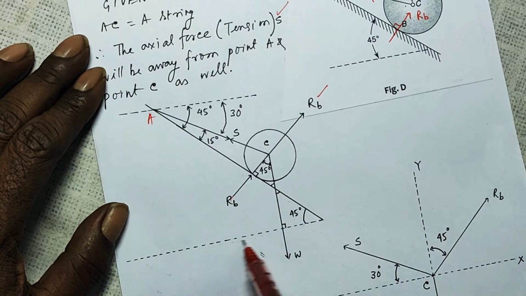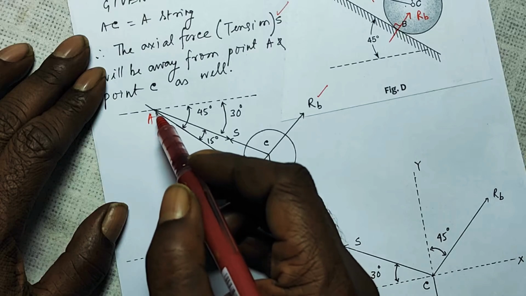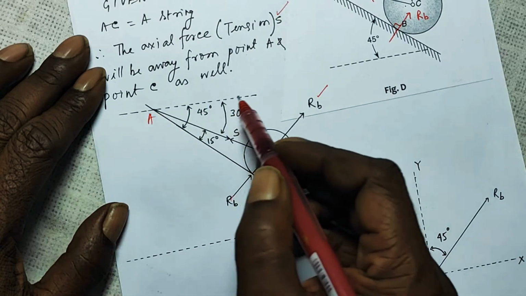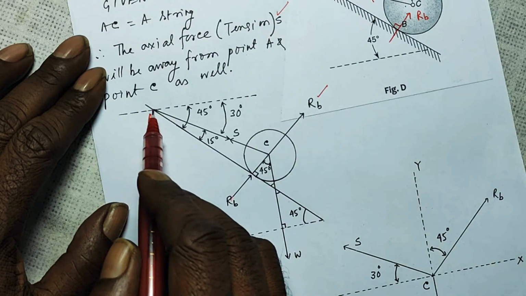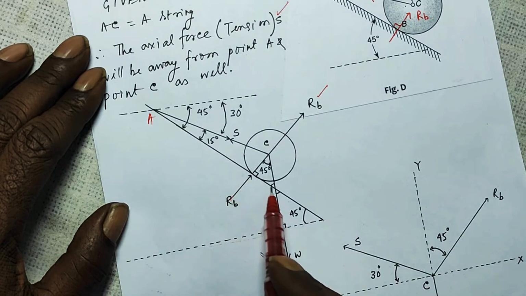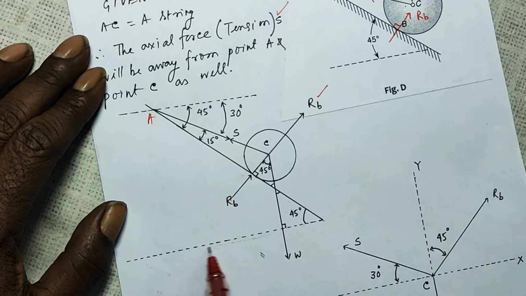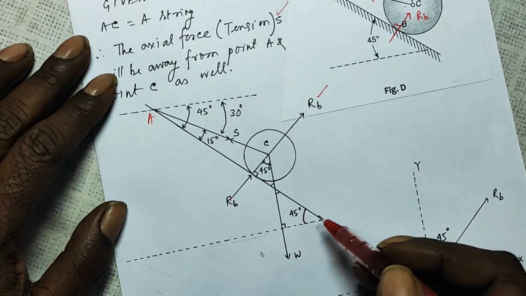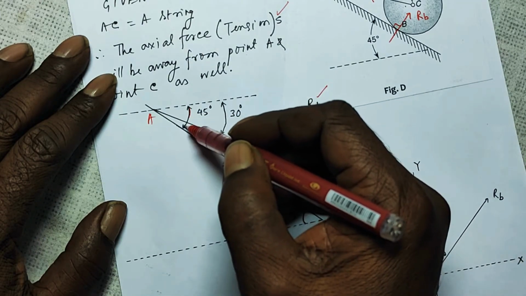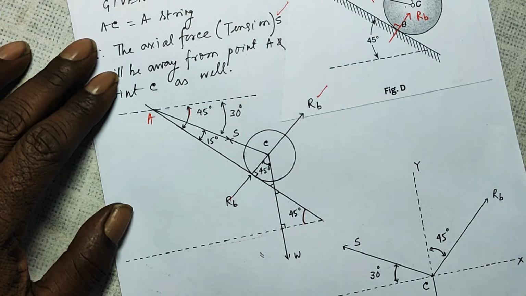So this is your horizontal. If I draw a horizontal line, this dotted line passing through the point A, then this line is a transversal between these two horizontal lines. So if this angle is 45, then this will also be 45, alternate angles.